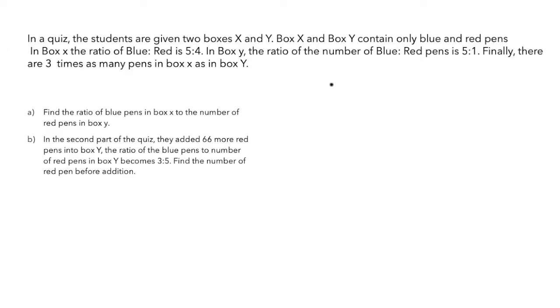Okay, so we know that we have box X and box Y. Both have blue and red, correct? For box X, the ratio is 5:4. Box Y is 5:1.